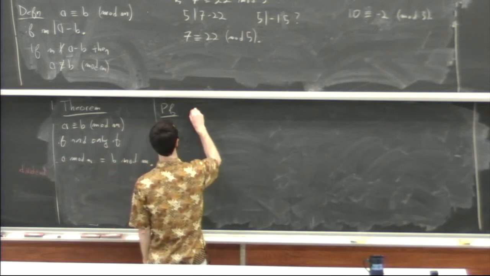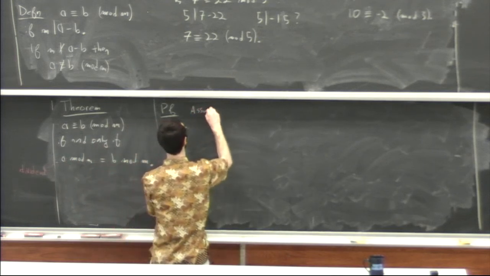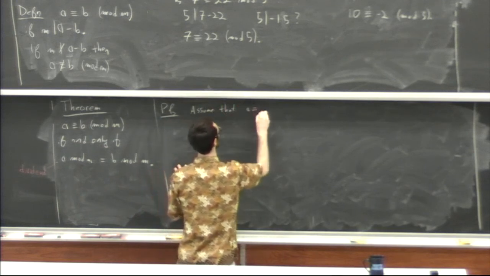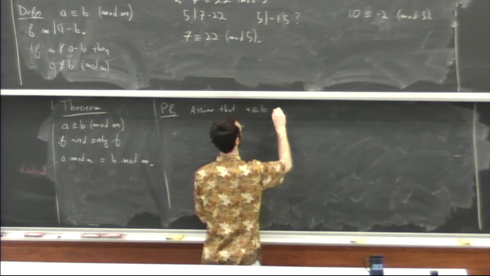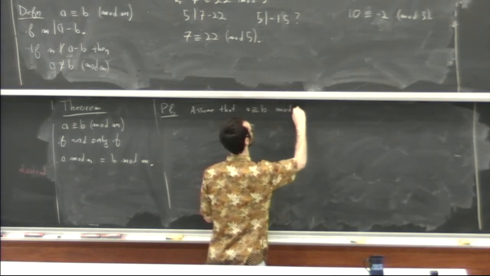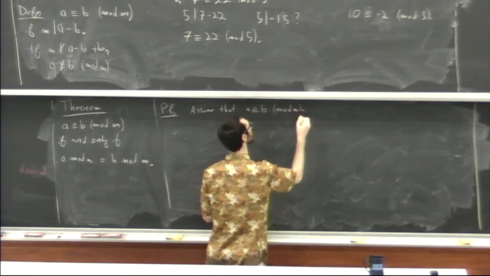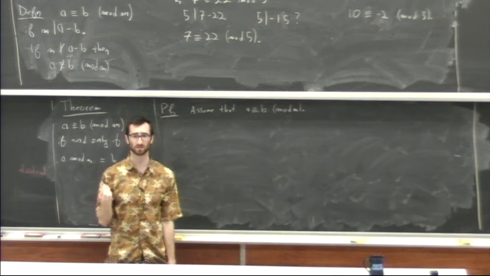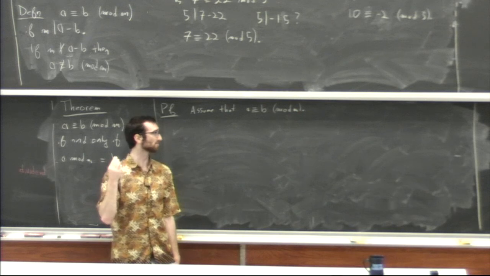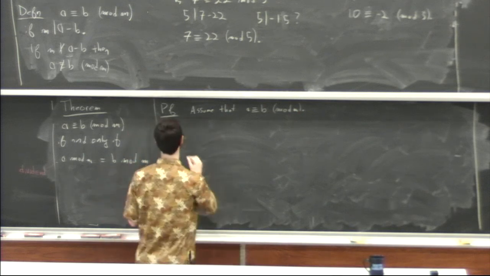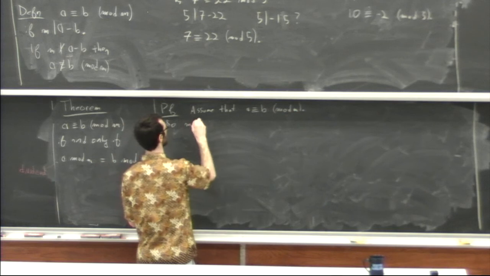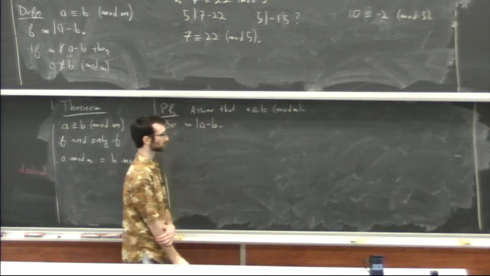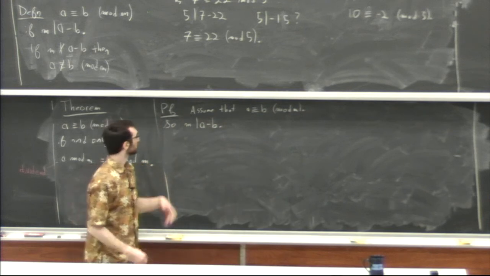So let's assume that A is congruent to B modulo M. What does this mean by definition? By definition, it means M divides A minus B. What does this mean?